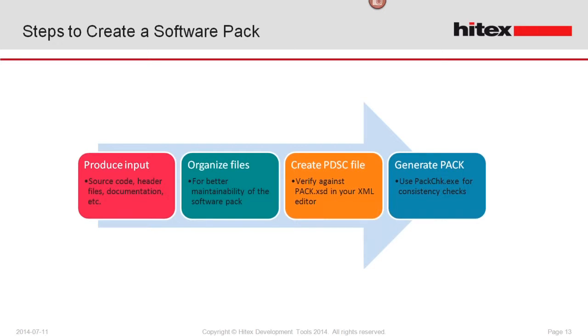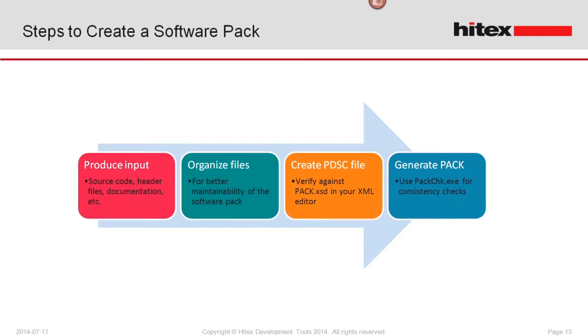So there's a number of simple steps to create our software pack. First of all, we need to produce some input. So this can be a stack or a library that we've written specifically, or it can be code that we've developed in one project that we just want to bundle up and be able to reuse later on. We need to then organize these files into a logical directory structure, and then we need to create our pack description file.